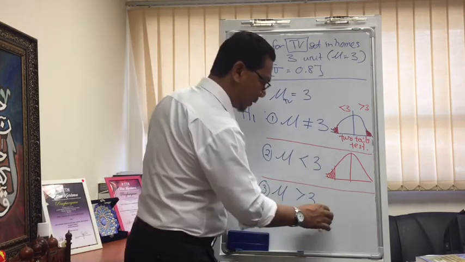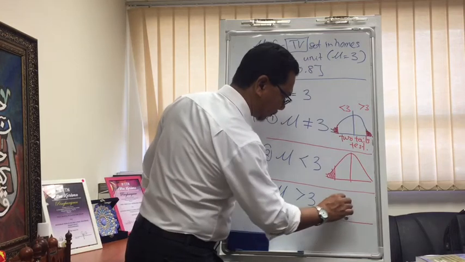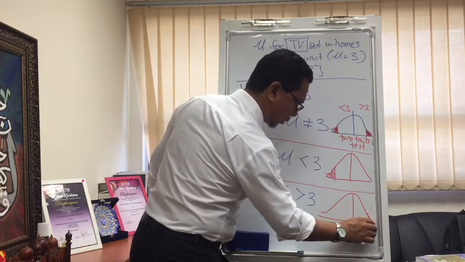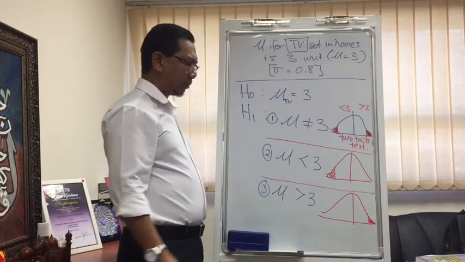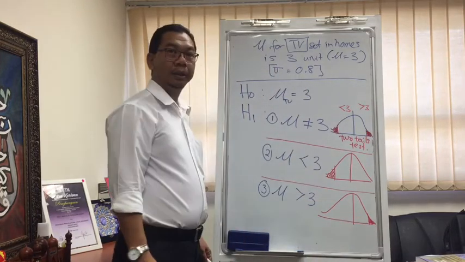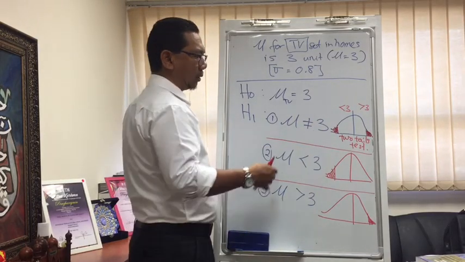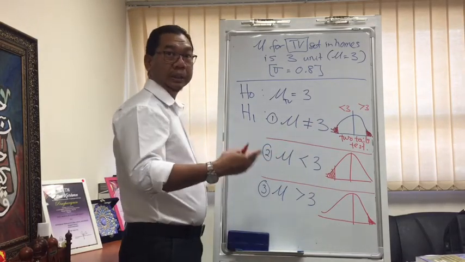For more than 3, the area will be on your right. So this is important for us basically to identify the critical value.